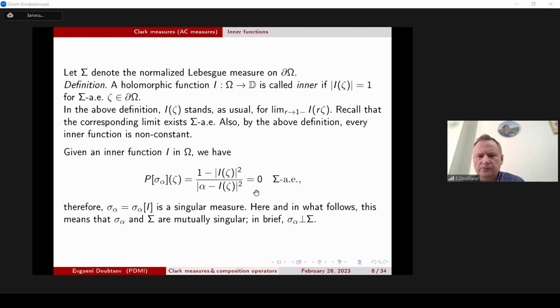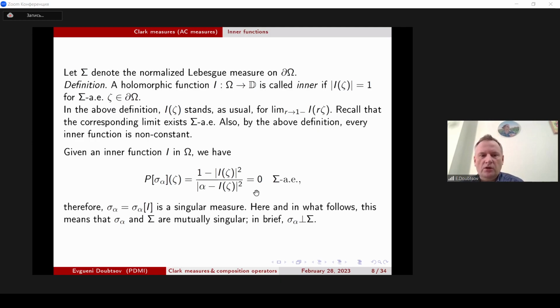we use this notation. Okay, and well, singular part or absolutely continuous part of a measure will always mean with respect to Lebesgue measure, because well, we already have certain families of different measures. So all these sigma alpha are sometimes singular with respect to Lebesgue measure, sometimes they are say mixed.